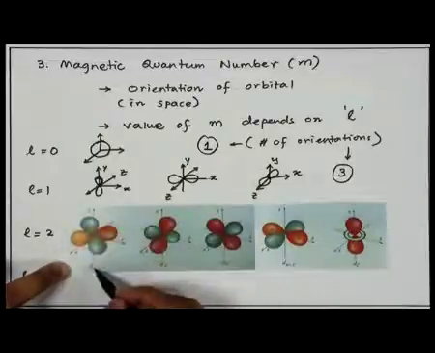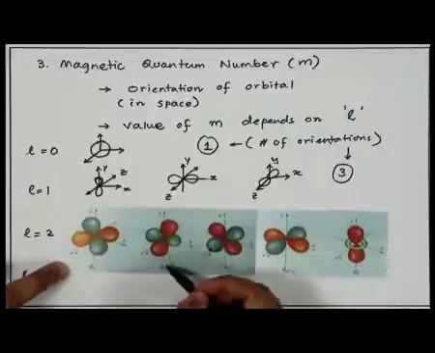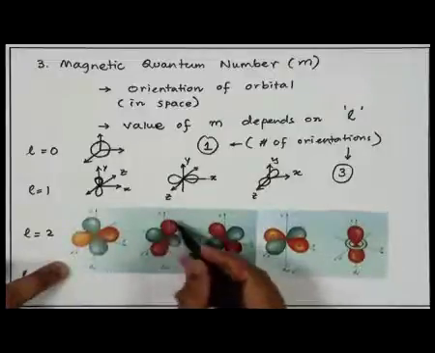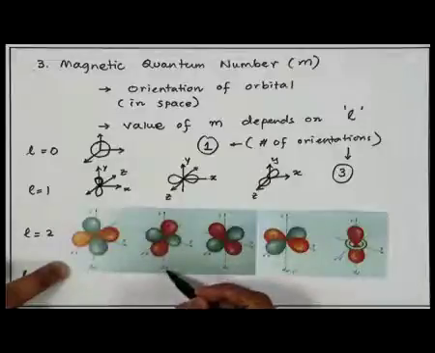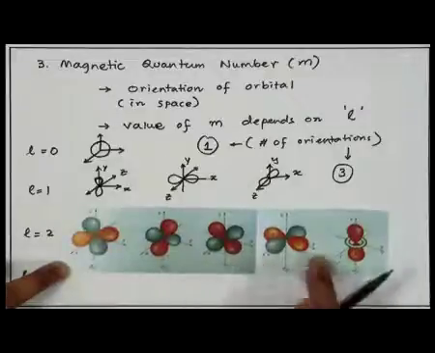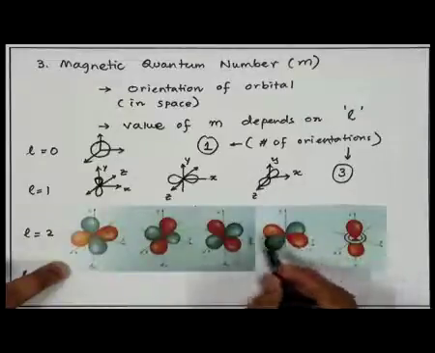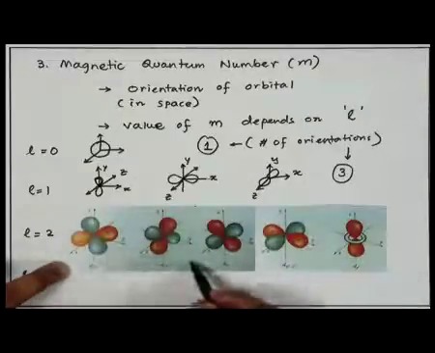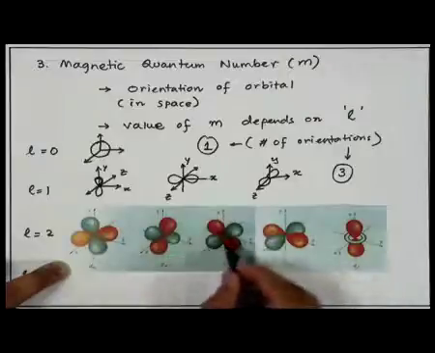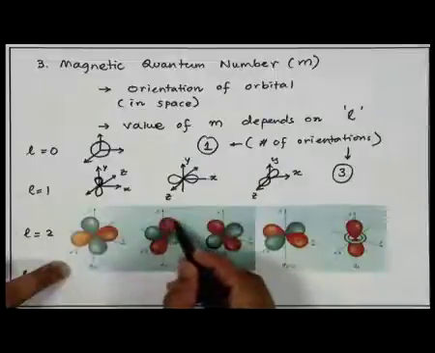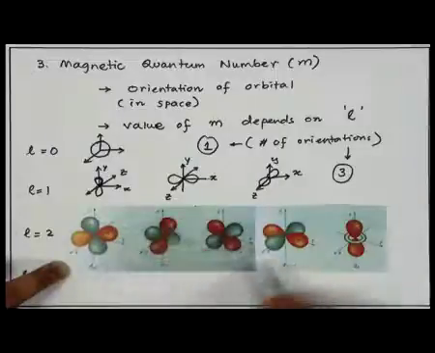So, I call that dxy, or I can also arrange the dumbbells along the xz plane, or along the yz plane. In all these three cases, the lobes of these dumbbells are within the two axes.